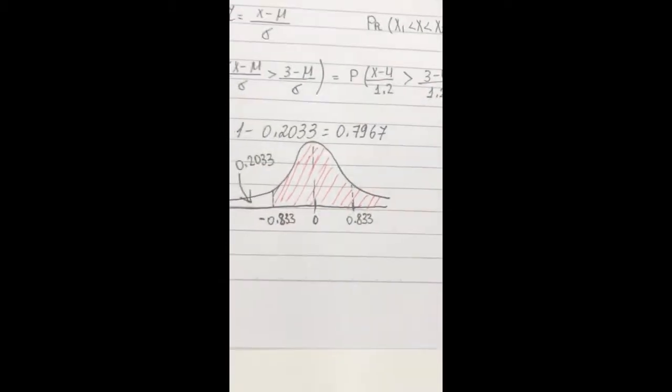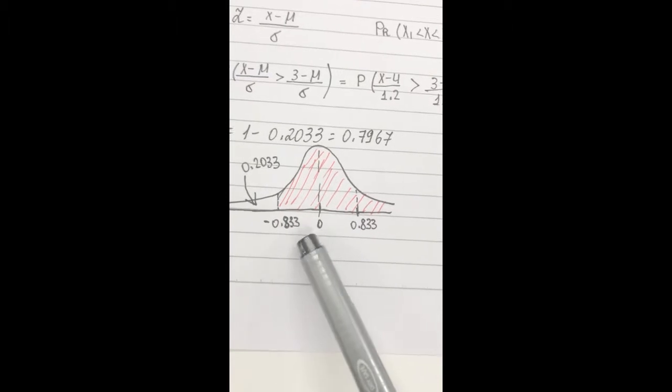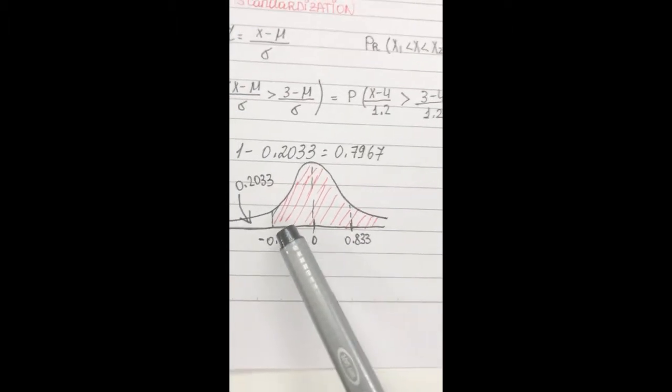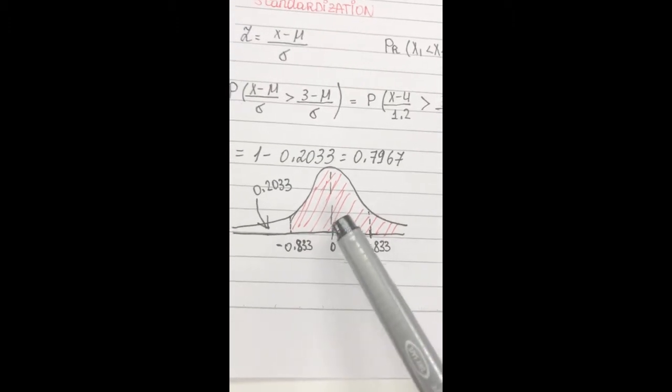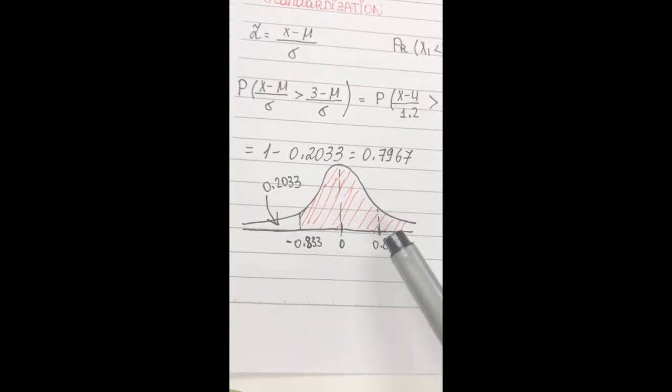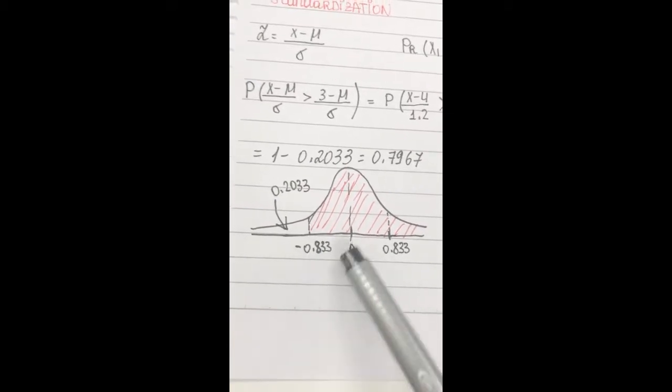Now we need to draw a graph for better understanding. If we draw a graph, we see that minus 0.833 is here, and if X is greater than it, the area we need is the shaded area, the area greater than this.